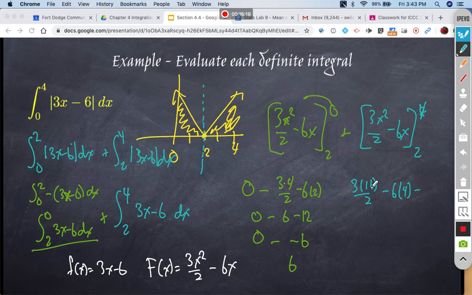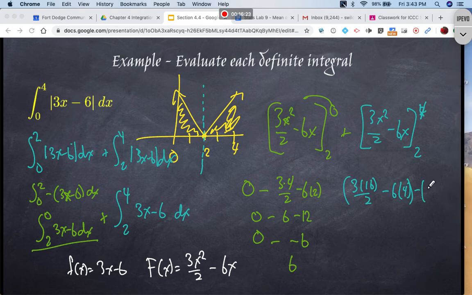And I have to subtract from that what I got when I plugged in 2, which was a negative 6. So I'm going to subtract from this a negative 6. So I'm going to get here 3 times, okay, 16 over 2 is 8. So this is going to be 24 minus 12.